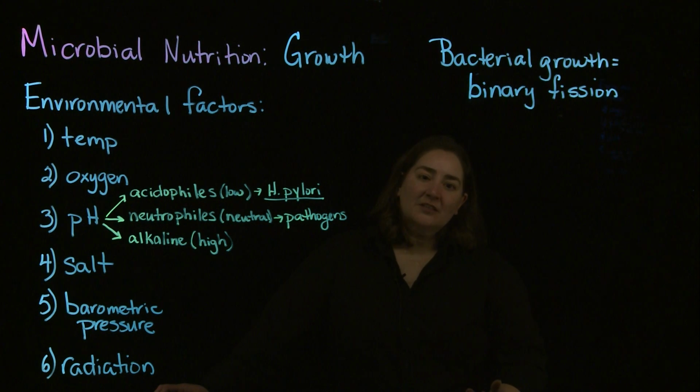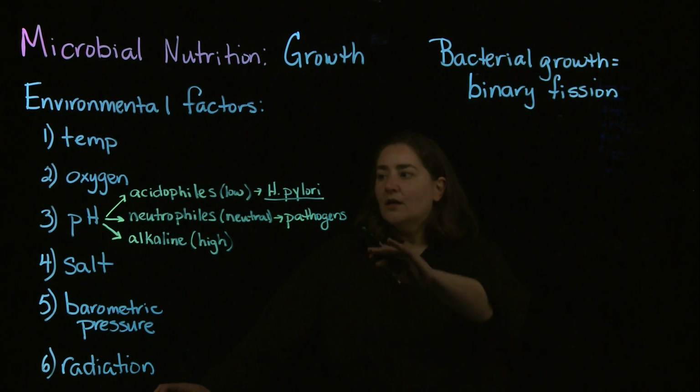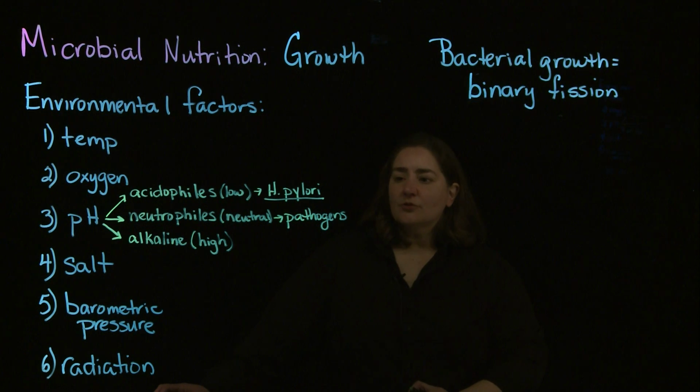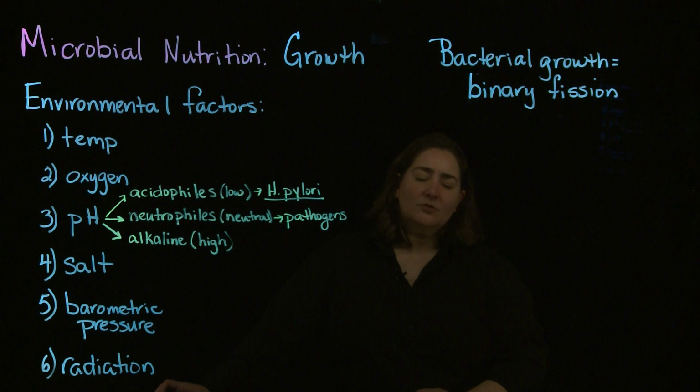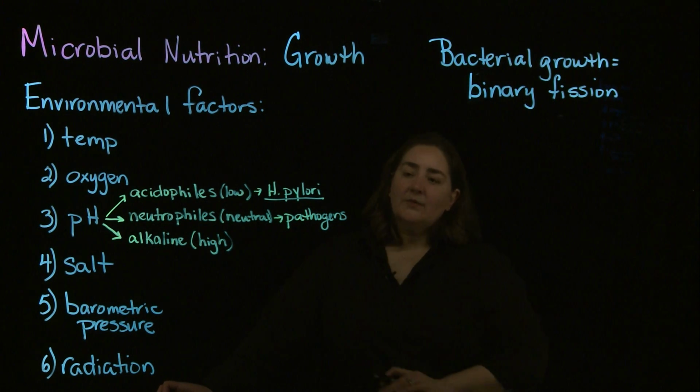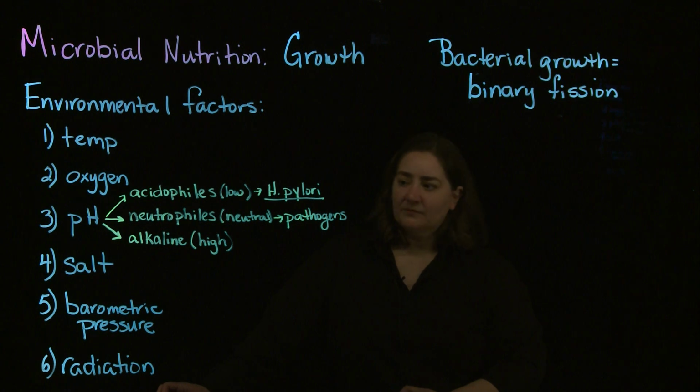Your blood is actually a little alkaline. By that I mean like 7.4 instead of 7. But, you know, in and around neutral is where those pathogens grow. High pH, again, those are very specific types of bacteria, not typically pathogenic to us, all right?